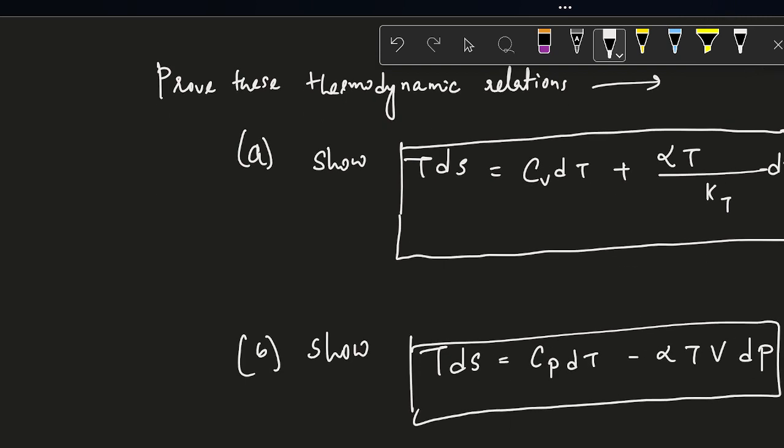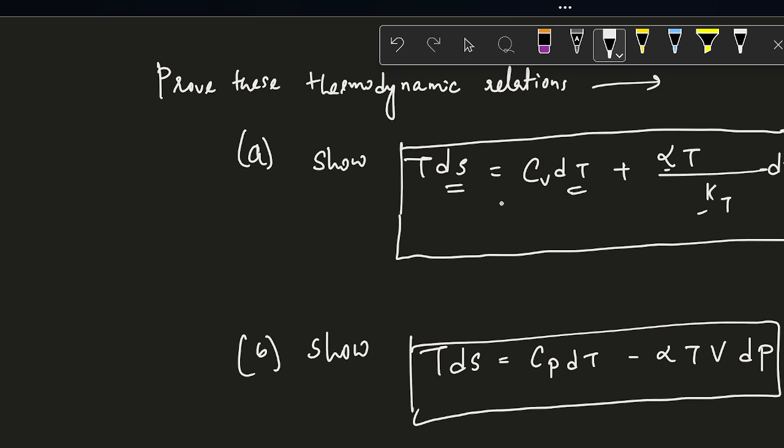Now just get the idea that even if I am expressing the problem in terms of a hardcore derivation in this case, you can also be asked questions where you are given the value of any of these quantities, and then asked to calculate the value of entropy change like dS. Let's say the values of all these quantities, the temperature change, alpha, kt, are already given to you and you are asked to calculate the value of dS.